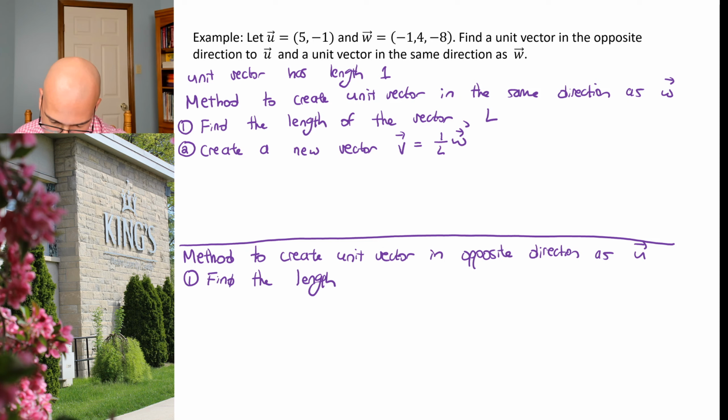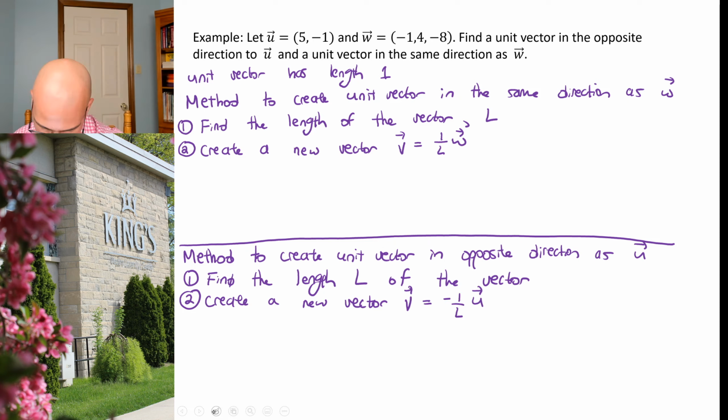Step 2, create a new vector V equals minus 1 over L times u. So opposite direction gets the minus sign. That's how you force the condition.